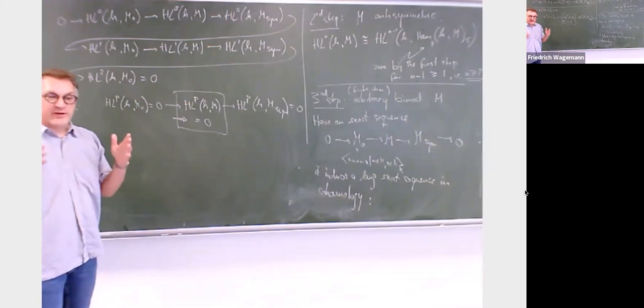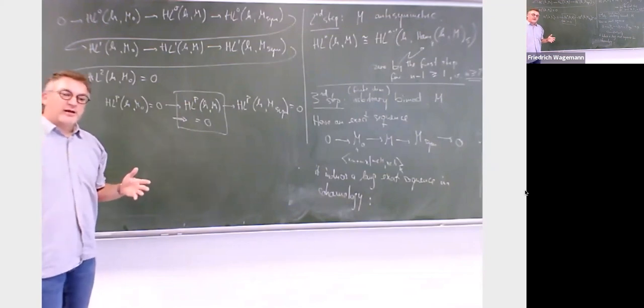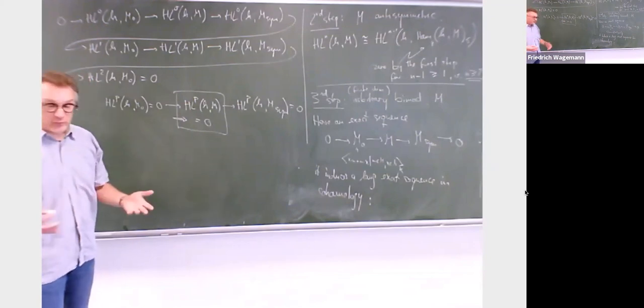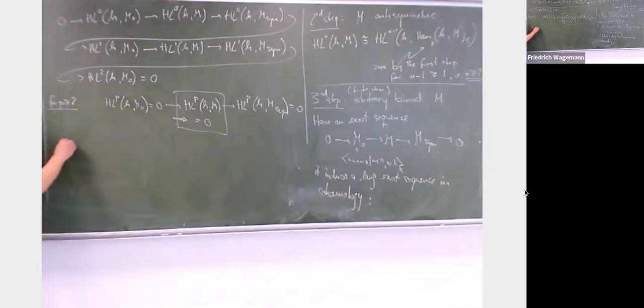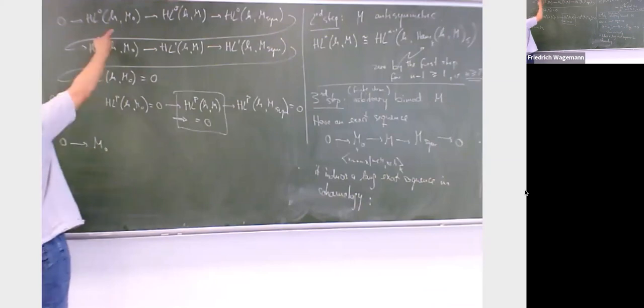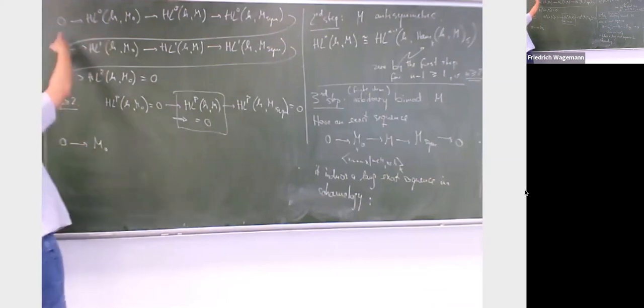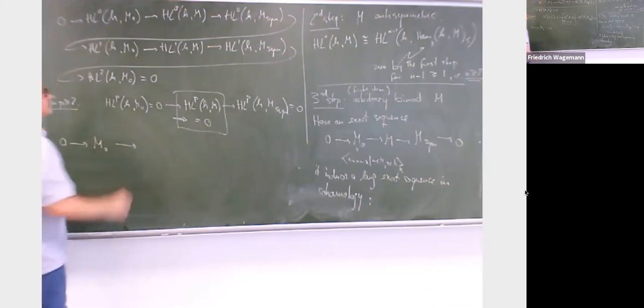But for an anti-symmetric bimodule, the right operation is 0. So HL0 for an anti-symmetric module is just the module itself. So the sequence starts with M0.